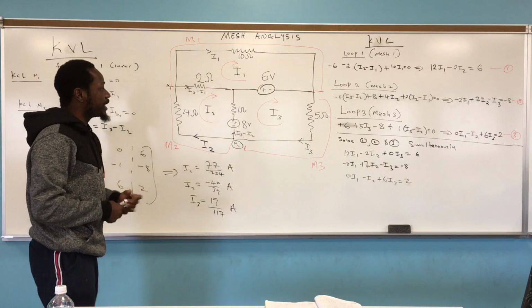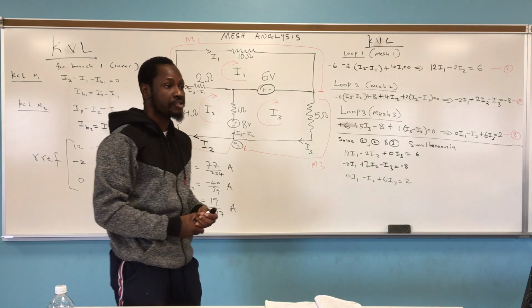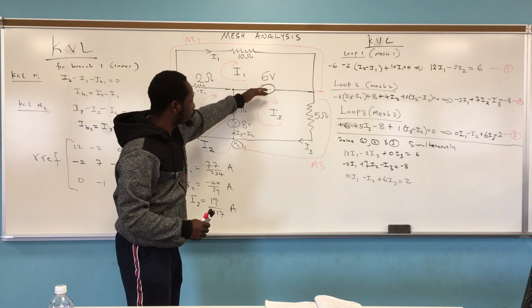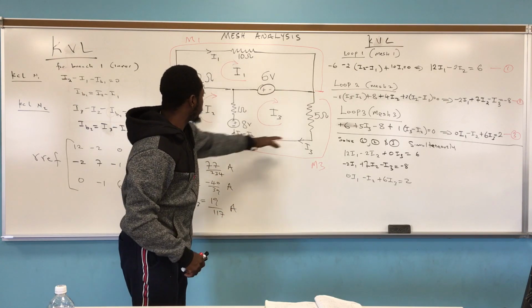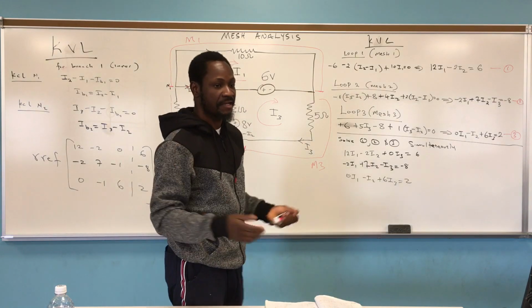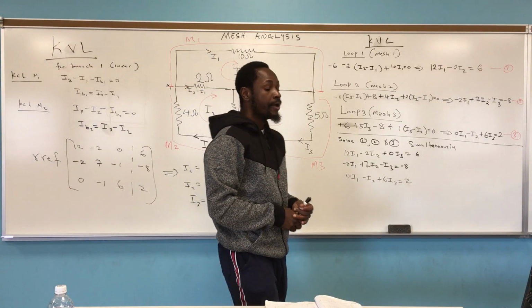I appreciate it. This is how you do mesh analysis. It's essentially a combination of KCL for the inner branches with resistive elements and defining a mesh current for the outer branch, and then applying KVL. And that's it. That's how simple it is.